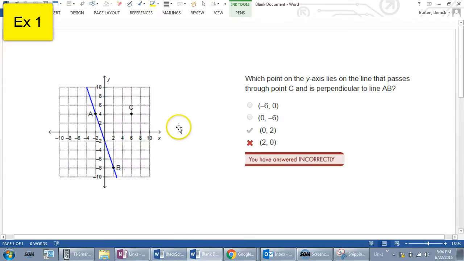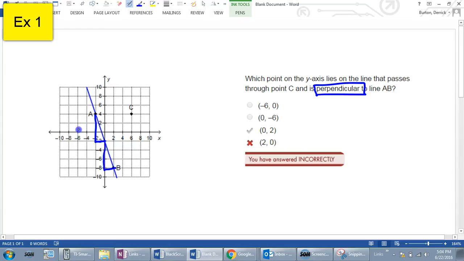So as we look at this equation, as soon as I see him talking about perpendicular lines, then I'm thinking about that whole thing about opposite and reciprocal. So the line that we have, let's see what the original slope is. It's going down and over, down and over.